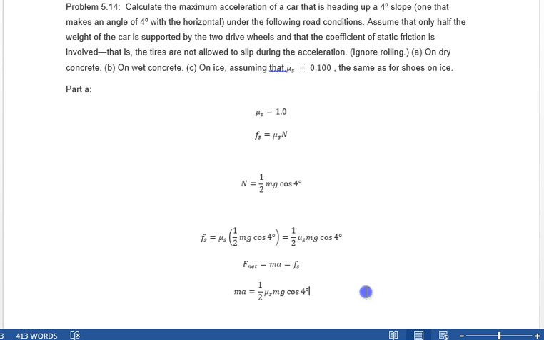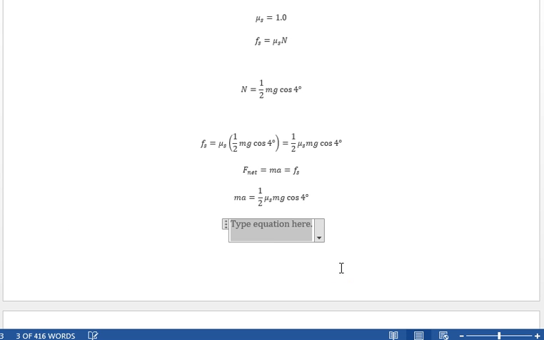The m's cancel out on both sides, and we get that the maximum acceleration a is 1/2 mu s g cosine 4 degrees.